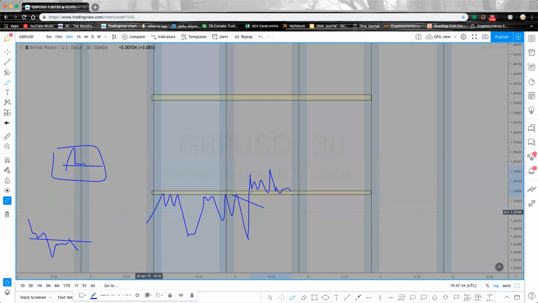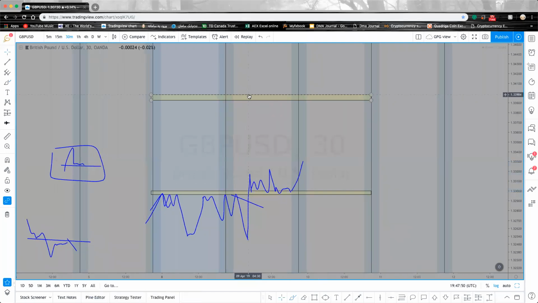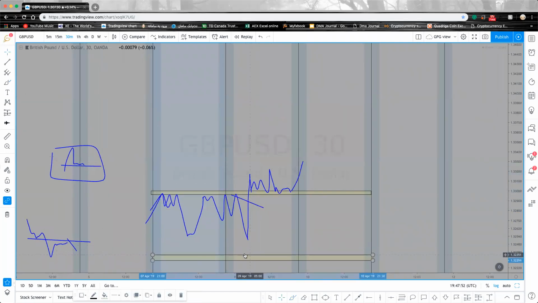You want to see them come and play within the area, and once they come into the area that you want, which in this case, what I just drew for you, is down here. Why down here?